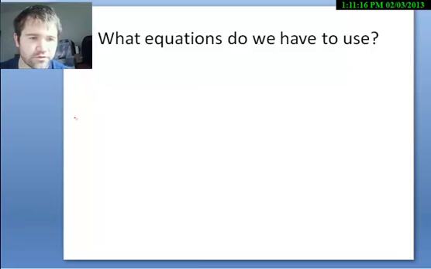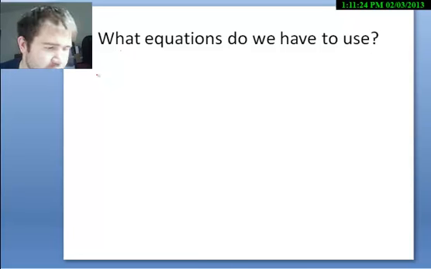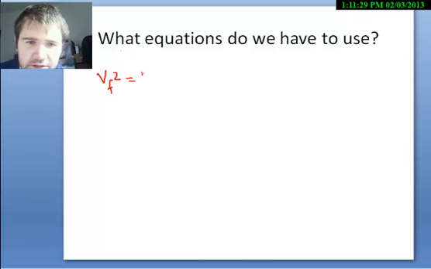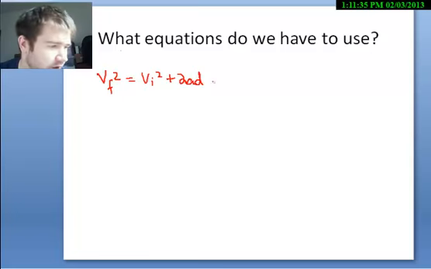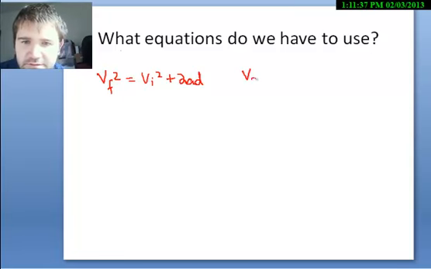We'll talk about a few more tricks for solving these problems as we look at individual problems, but first let's take a look at what equations we have to use to solve these and when we can use them. So there's velocity final squared equals velocity initial squared plus 2 times the acceleration times the distance. We have velocity final equals velocity initial plus acceleration times time.